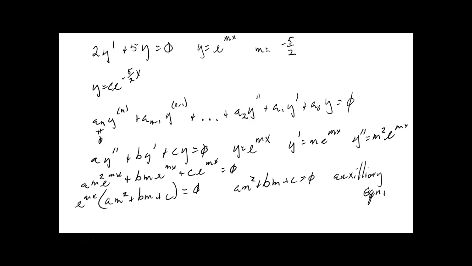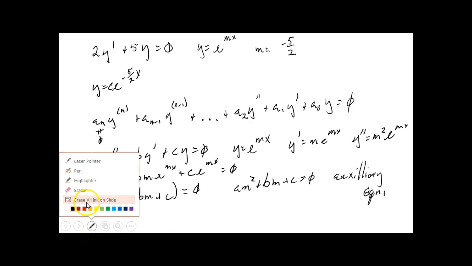Now, let's say we can't factor them. So we use the quadratic formula. Anyone remember? I'll start on a clean page and rewrite that equation. a m squared plus b m plus c equals 0.